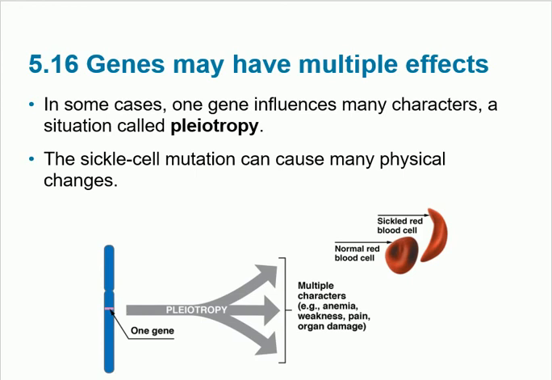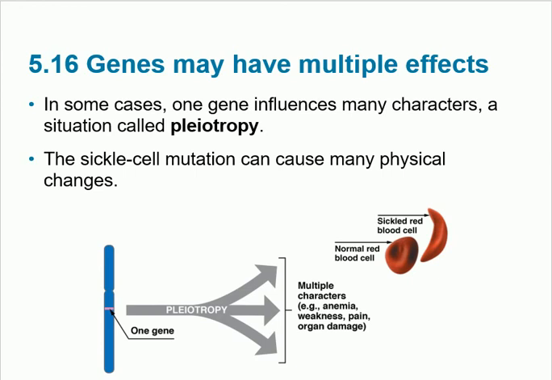And the example of that is sickle cell disease. The gene that causes sickle cell disease causes other things, other physical abnormalities. So if you have sickle cell disease, you might also have muscle weakness, anemia.